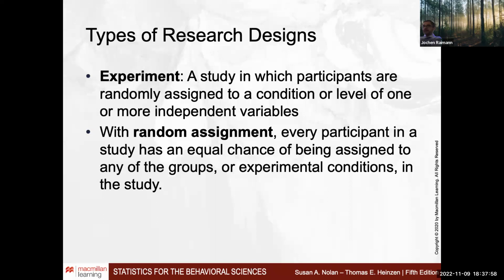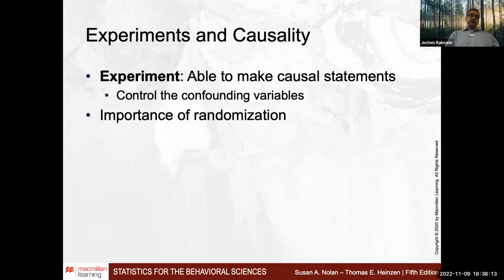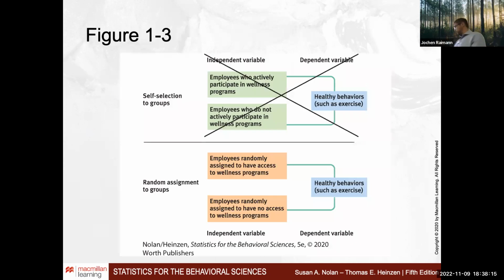And you place an intervention on a certain subgroup of your population, and you compare them to the other subgroup that didn't get your intervention. What's the problem with that? Confounding. So you have your employees that get access to a wellness program, and then you have another group of employees that do not have access to a wellness program.